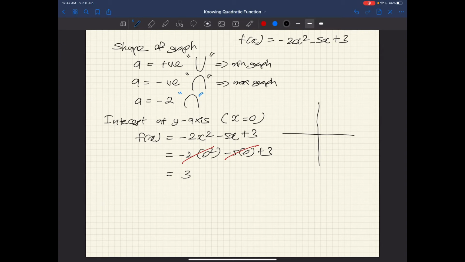Let me recall the roots I got earlier. The roots I have are 1 over 2 and negative 3. So I have one located at the negative area, I have one located at the positive area, and I have my y-intercept defined at 3. So it will be as such.